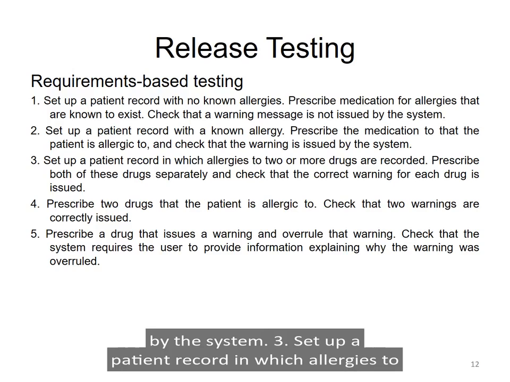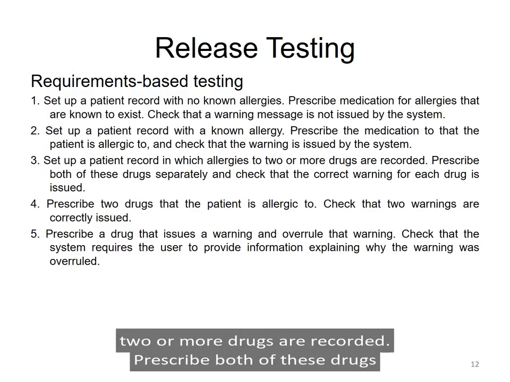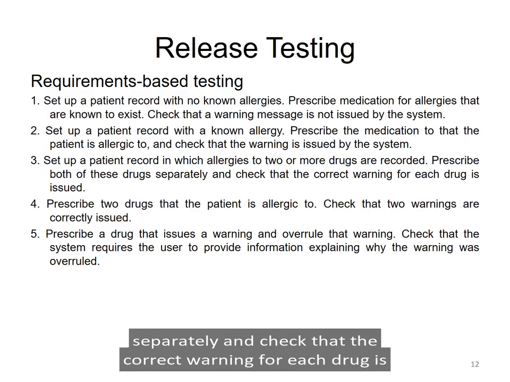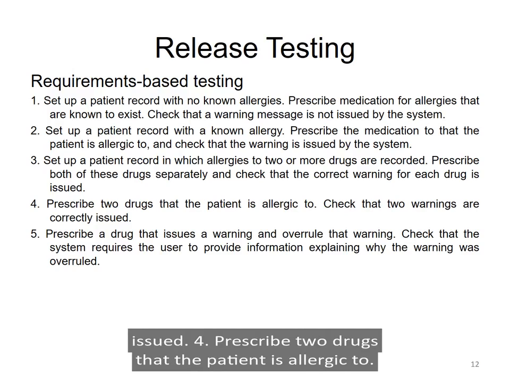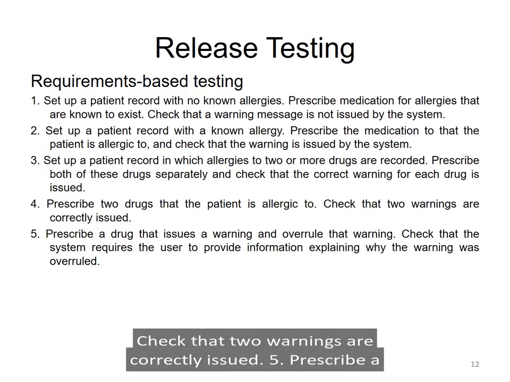Number 3. Set up a patient record in which allergies to 2 or more drugs are recorded. Prescribe both of these drugs separately and check that the correct warning for each drug is issued. Number 4. Prescribe 2 drugs that the patient is allergic to. Check that 2 warnings are correctly issued.